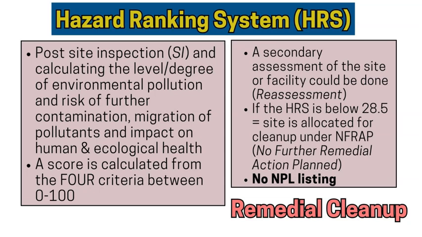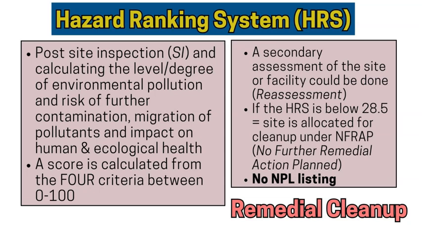Once the hazard ranking system has produced a score for a particular site or facility after the site inspection or the site investigation, the score is used to determine the level of importance, the level of concern, or the level of action that is applied to that site going forward.